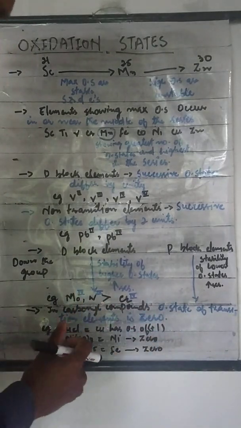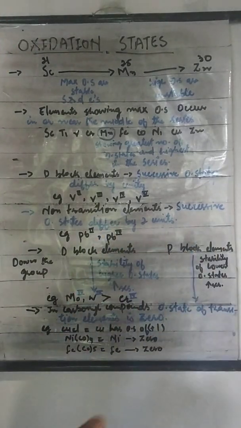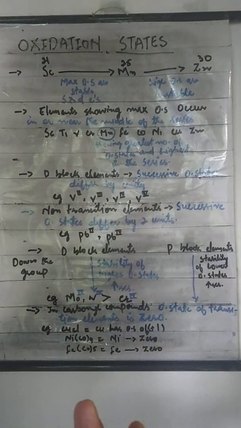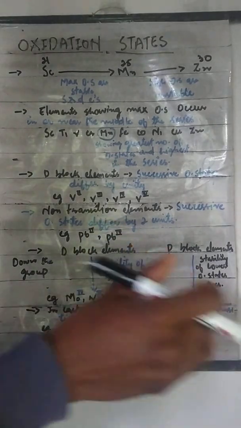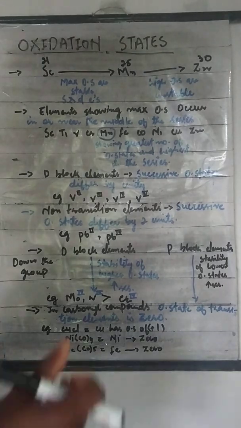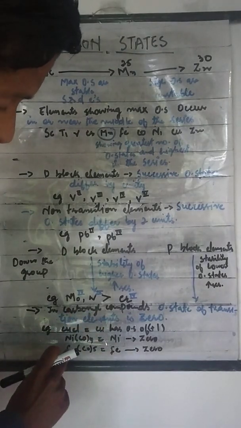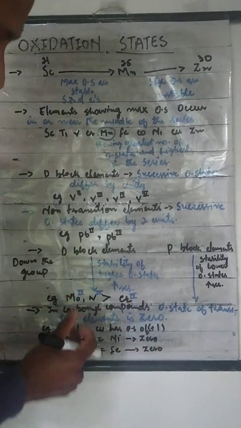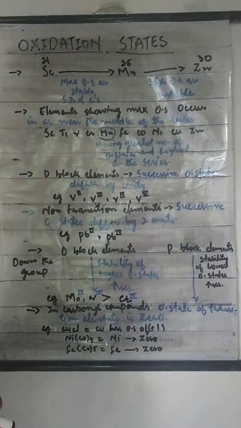Whenever a transition element forms a compound with carbon monoxide, which is called carbonyl, it acts as a ligand. It donates the shared pair of electrons, both the electrons by itself, to the central metal atom, and the iron and the D block element which acts as central atom has an oxidation state of 0.